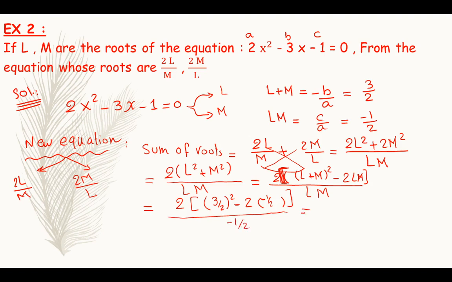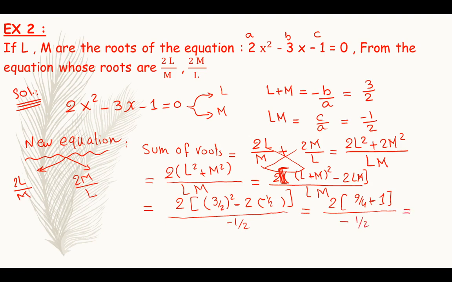And this is equal to 2 multiplied by 3 over 2 all power of 2, which is 9 over 4, and negative 2 multiplied by negative half, positive 1. All of this is over negative half.